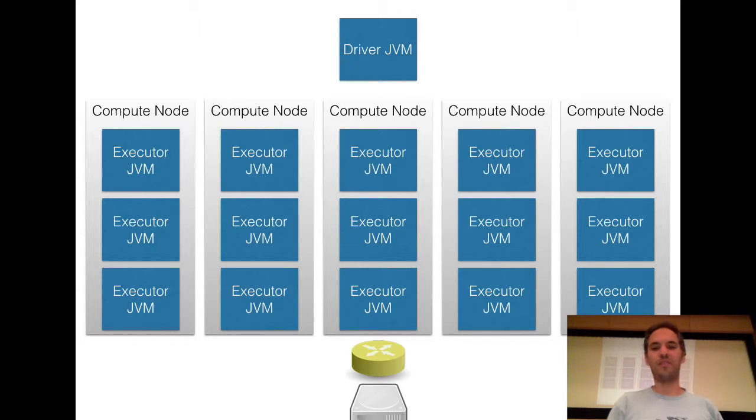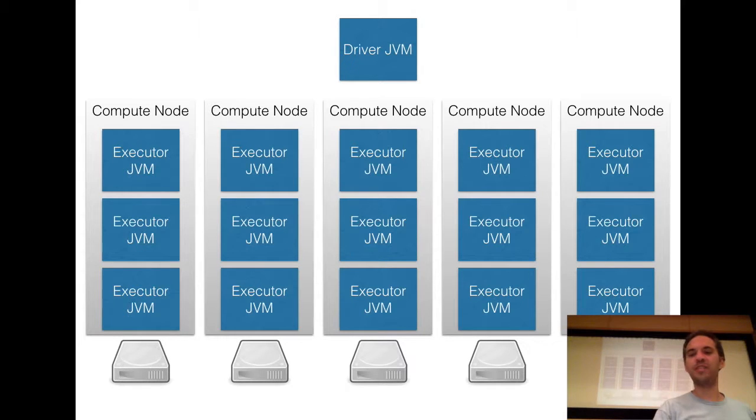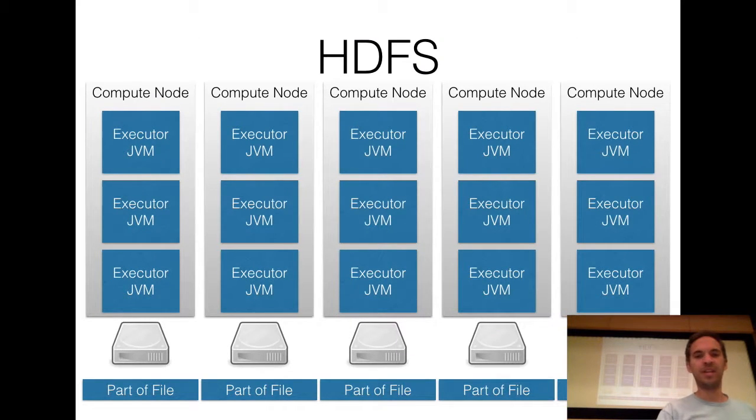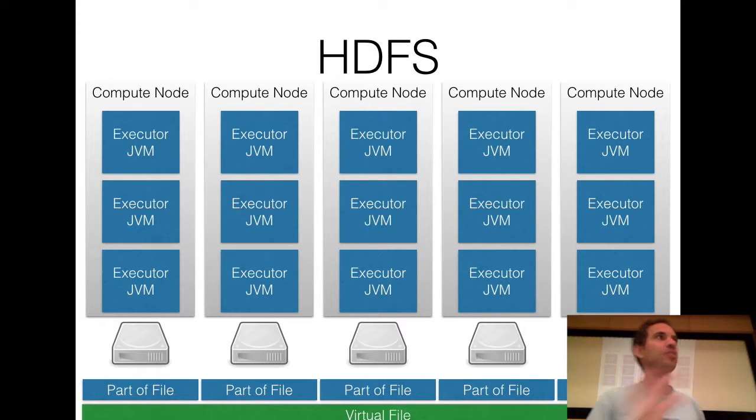Either you have some storage service, which nowadays is becoming the de facto standard because the storage systems are getting so fast that the I/O is no longer a real bottleneck. But in case you're facing I/O issues, you can use something like HDFS or GPFS, which basically does nothing else than putting normal hard drives into your cluster members, and on top of that you get a virtual file system.